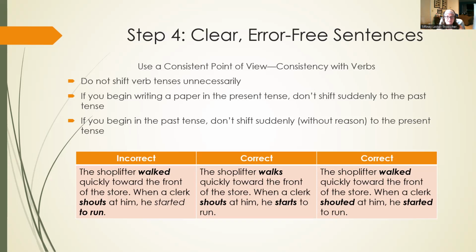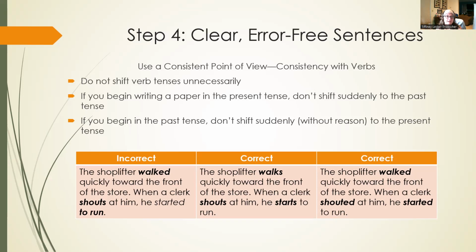We don't necessarily remember in the moment that we had started in past tense and now all of a sudden we're in present tense, or vice versa. So you'd think it would be something that wouldn't happen very often, but it actually does happen pretty often where our writing has inconsistencies with the verb tenses.